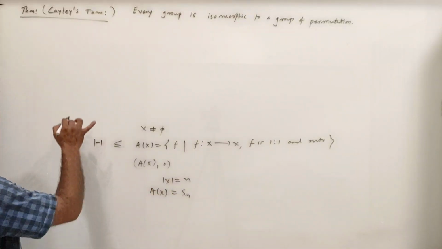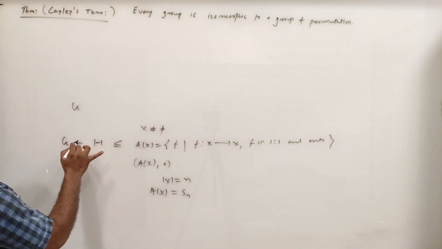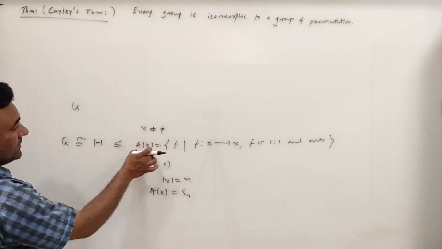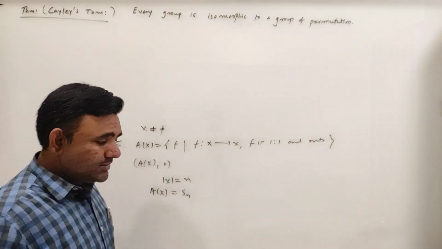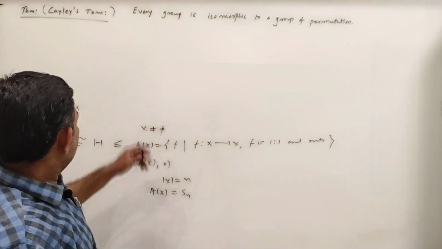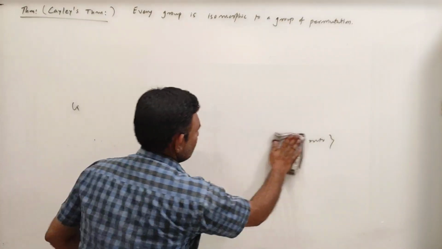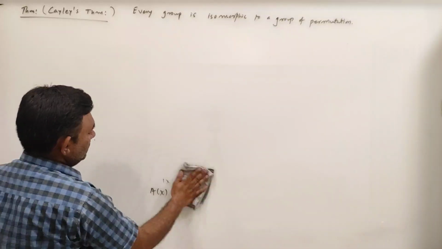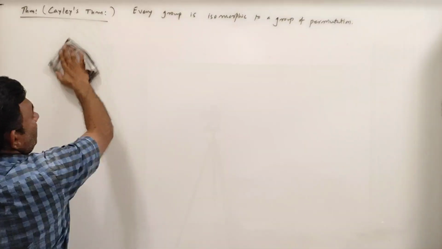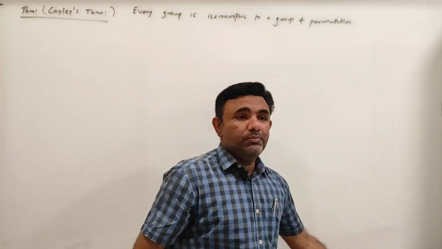And if I show that G is any group and G is isomorphic to H, where H is a subgroup of AX, then we are done, right? So let us try to prove this result: every group is isomorphic to a group of permutations.